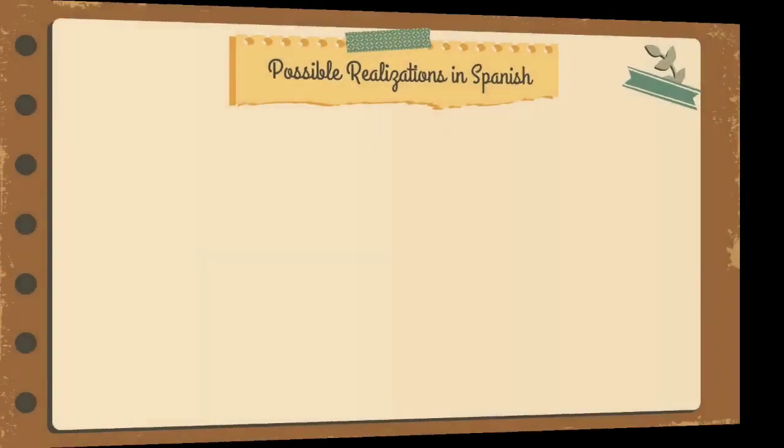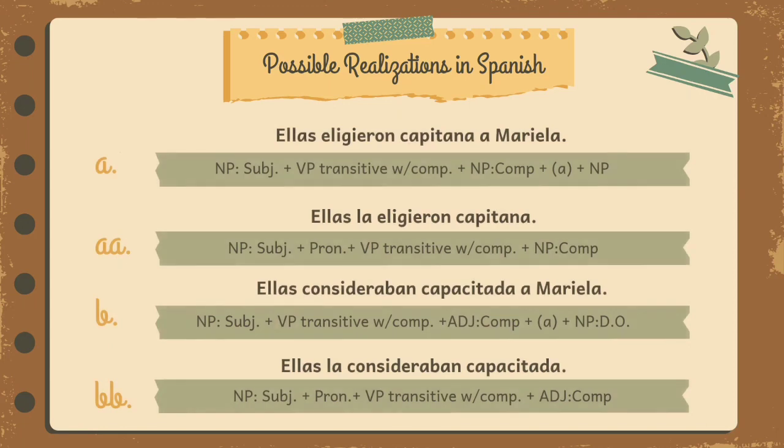Now we will look at the possible realizations of this pattern in Spanish. Some of them have 2, 3, or even 4 variations depending on the elements of the pattern. For instance, A. "Ellas eligieron capitana a Mariela." We have noun phrase as a subject, verb phrase transitive with complement, noun phrase as a complement plus a plus noun phrase.